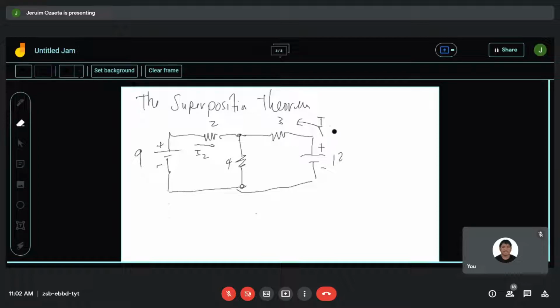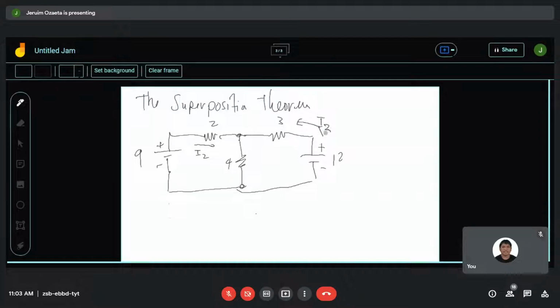Kasi parehas naman. Just to designate, the I sub 3 is directly coming from the 12 volts, passes through the 12 volts. In series naman yan. So whatever current passes through the source will be the same current that will pass through the resistance in series with it. So I sub 2, I sub 3, by the way.